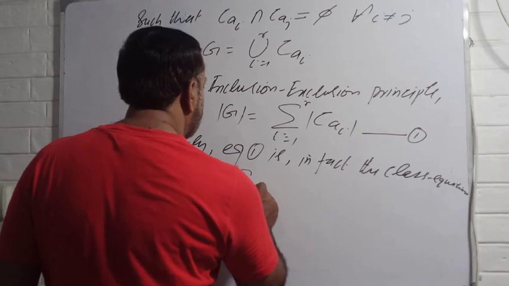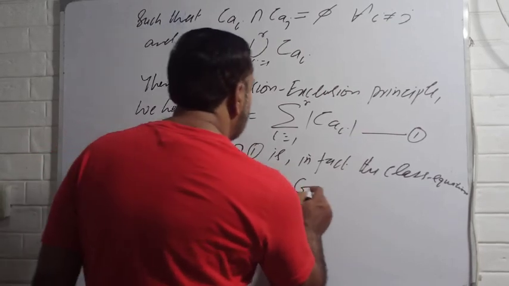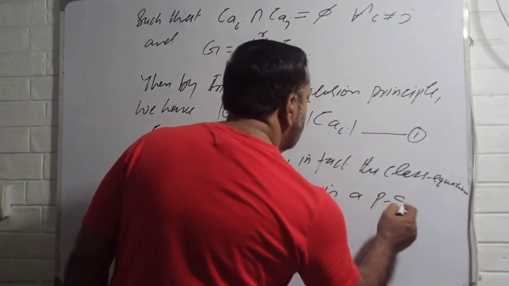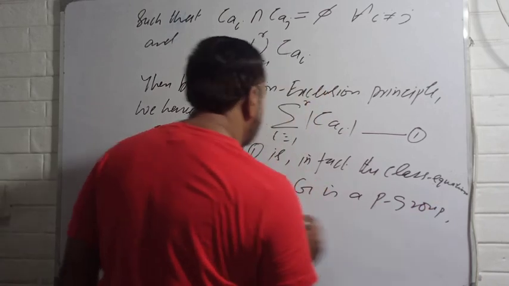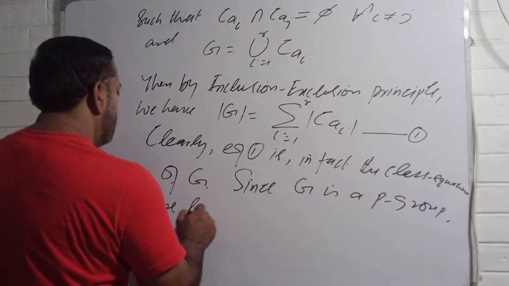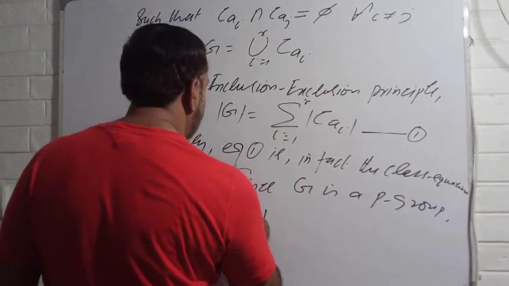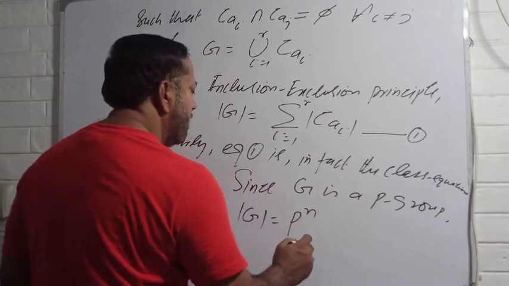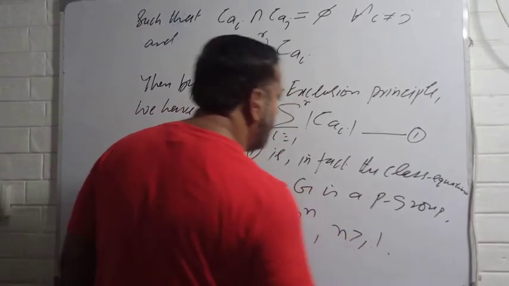Since G is a P group, we let the order of G be equal to P power n, where n is greater than or equal to 1.